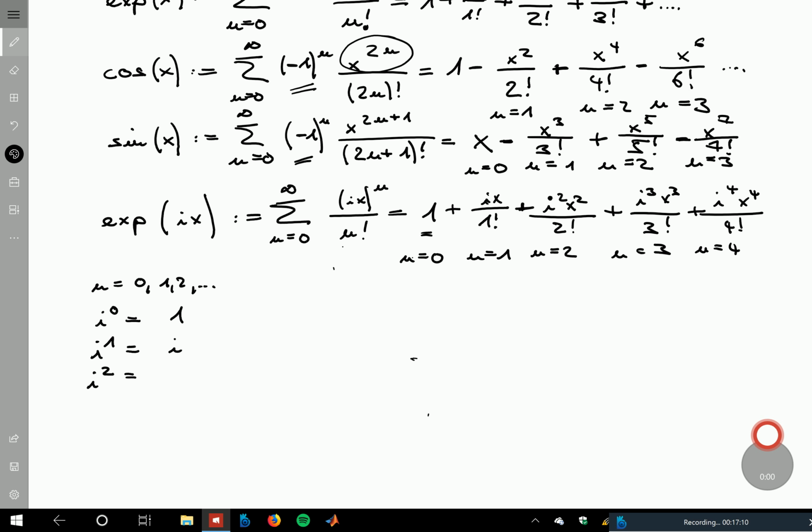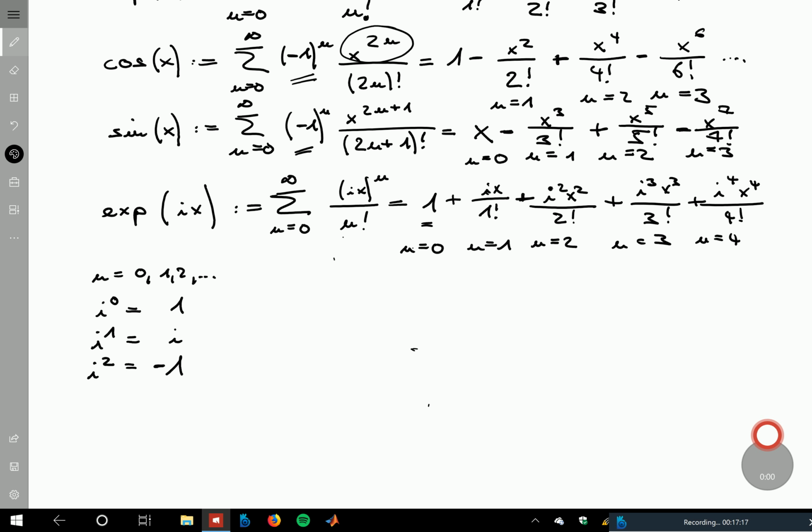Exactly, teaching success. That's -1, and then i^3, and this is why I had this plus there, is obviously i squared times i, and this i squared of course evaluates to -1, so we get -i.